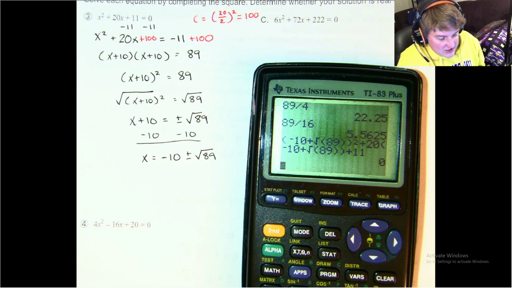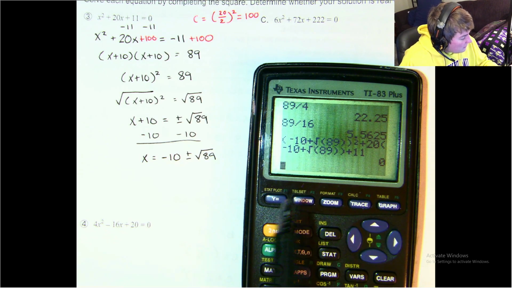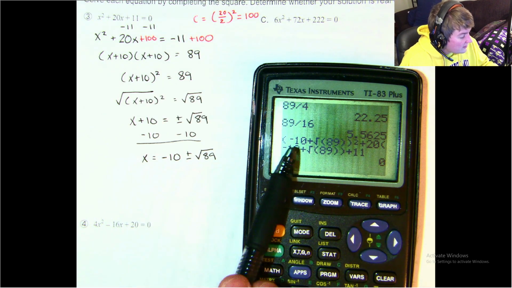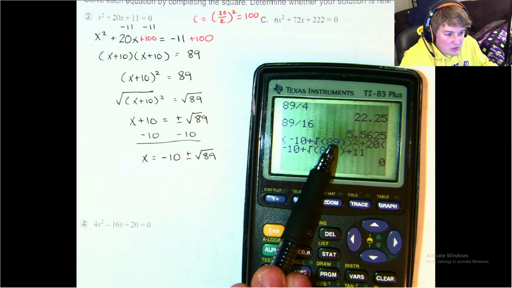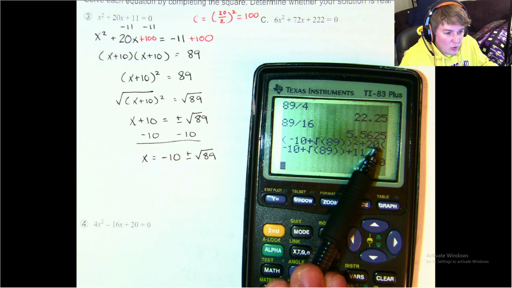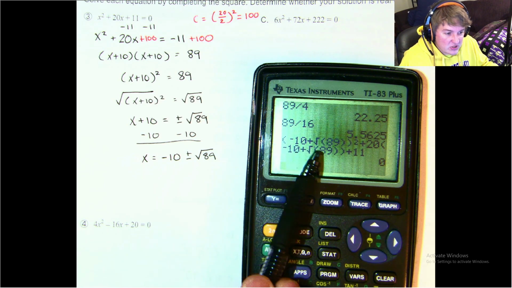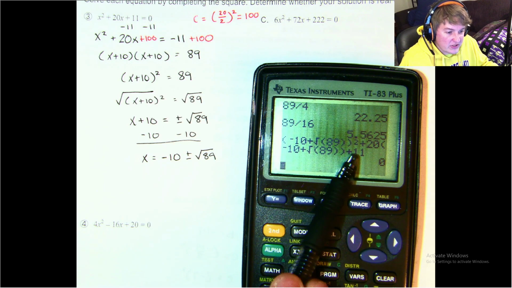So as you can see, this is just the exact answer. We could go ahead and get decimal approximations, but for myself, I like the exact answer because, as you can see, I'm replacing this whole value with x, so negative 10 plus the square root of 89 squared plus 20 times negative 10 plus the square root of 89 and then plus 11.